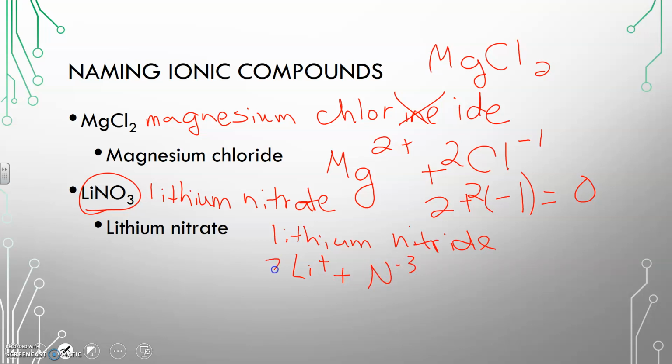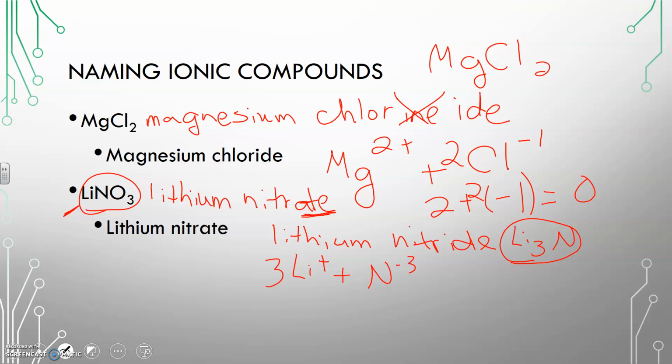Which means that you would have to have 3 lithiums. So if you had lithium nitride, that would be Li3N. So you see how this formula is different from this one over here. Yeah? Okay. So that's why it's really important to recognize the endings on these words.